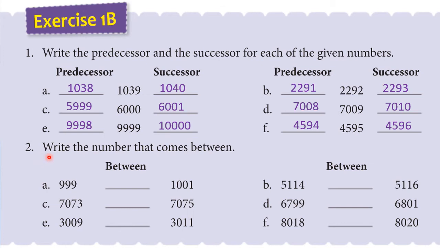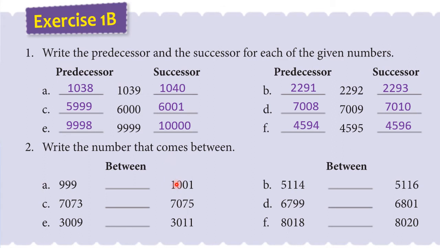Here in question number 2, we have to write the number that comes between. In these questions, two numbers are given and we have to write the number that comes between the given numbers. A, 999 and 1001 is given here.